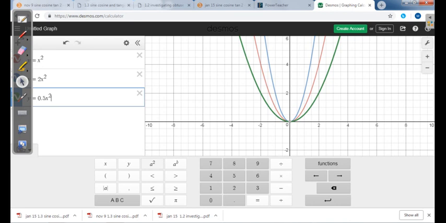So, does anyone have an elastic band? If I don't find one, can I borrow? Can I borrow it?